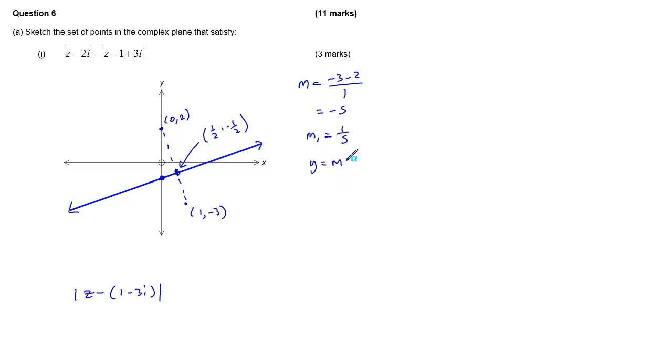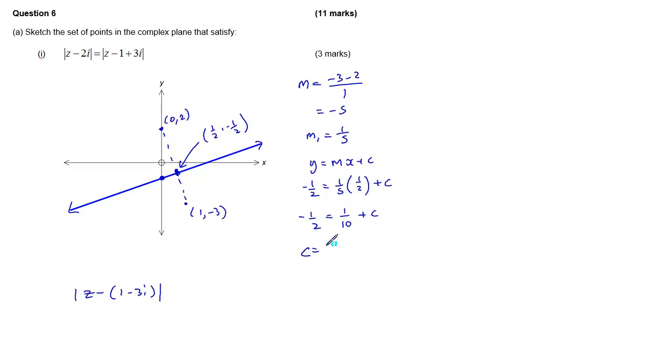So y equals mx plus c. So -1/2 is going to be 1/5 of 1/2, add c. So that's going to be -1/2 equals 1/10 plus c.